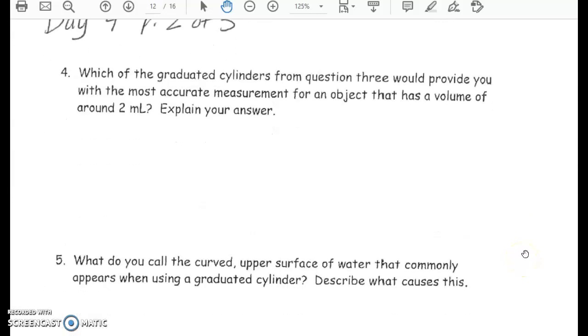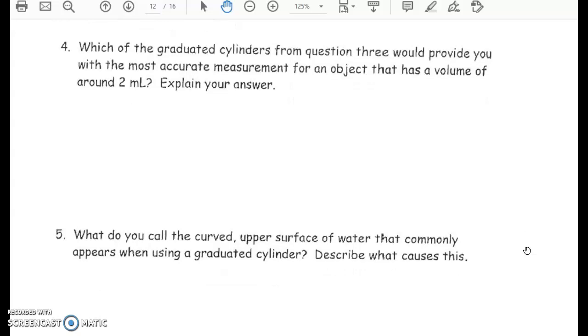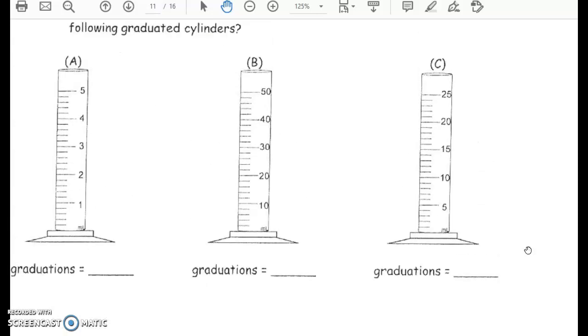Which of the graduated cylinders from the question would provide you with the most accurate measurement for an object that has a volume of around 2 milliliters? For most accurate, if we're looking at 2 milliliters only, this is too much. These increments are too big. We're not going to get anything accurate out of them.